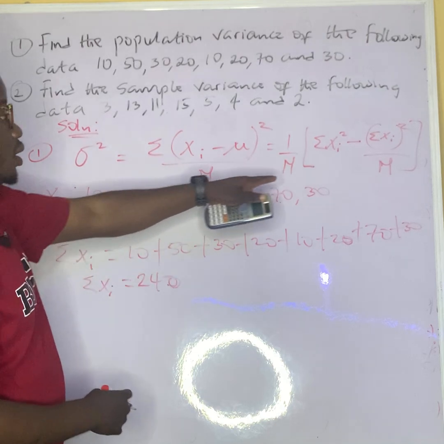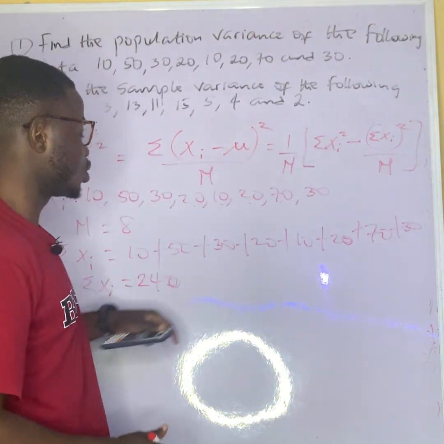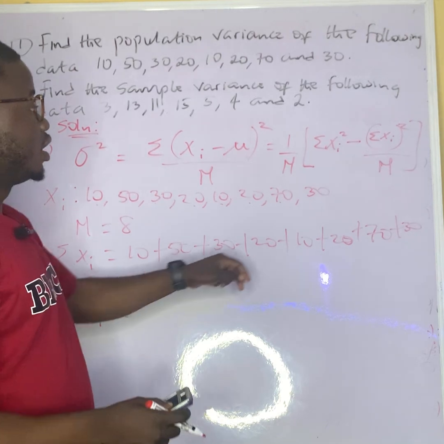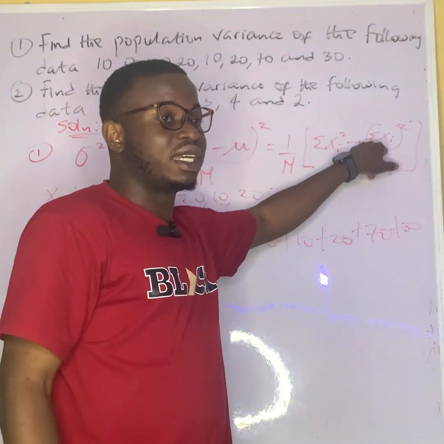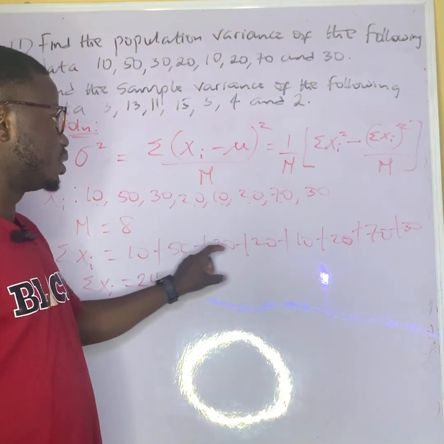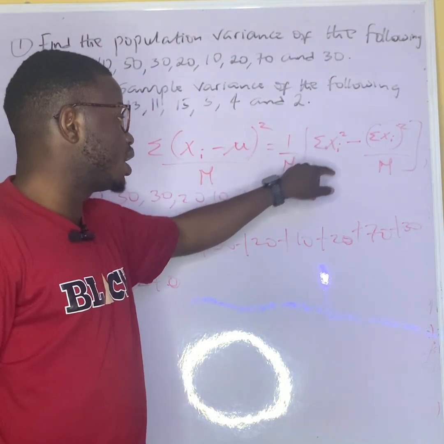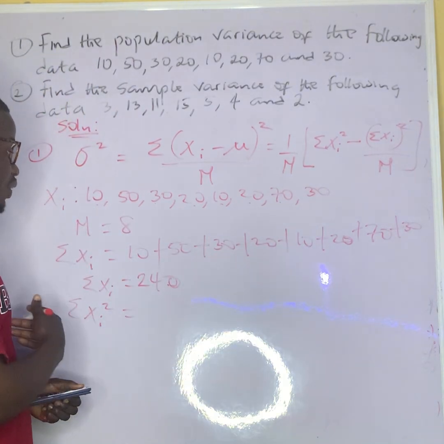Now using this formula, we need to find summation xi square. What we have inside this bracket is summation xi, the sum of the data given. Now this one is summation xi square. We're going to square all the x values and find the sum.